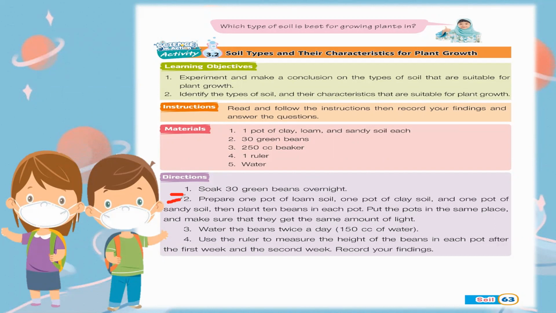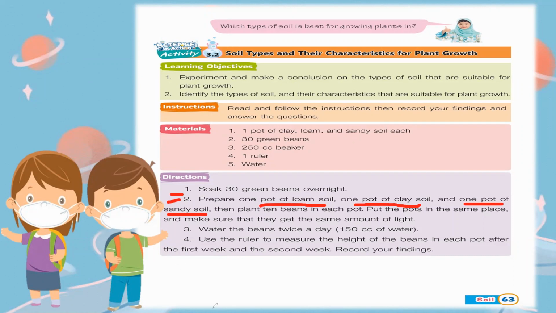Then number 2, prepare 1 pot for loam soil, 1 pot for clay soil, and 1 pot for sandy soil. As I already mentioned, we have 3 pots. In each pot we are going to put a different soil: loam soil, clay soil, and sandy soil, separately in 3 different pots.